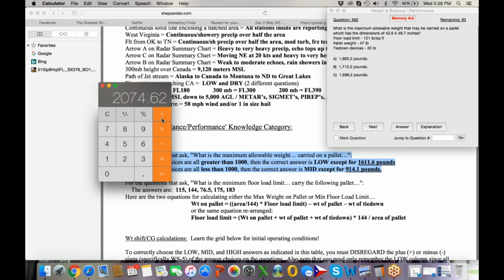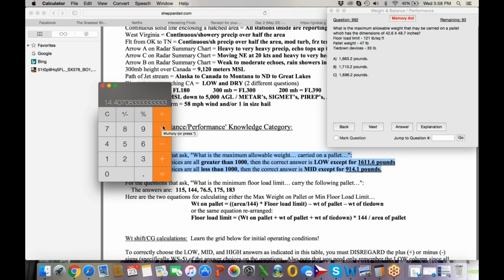We've got to convert it to feet, so we divide it by 144. And that gives us 14.407 square feet.